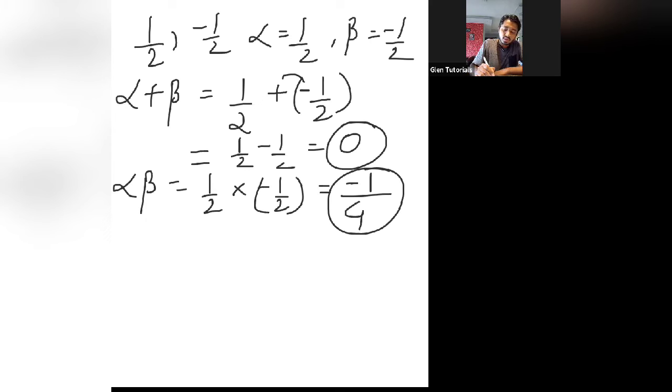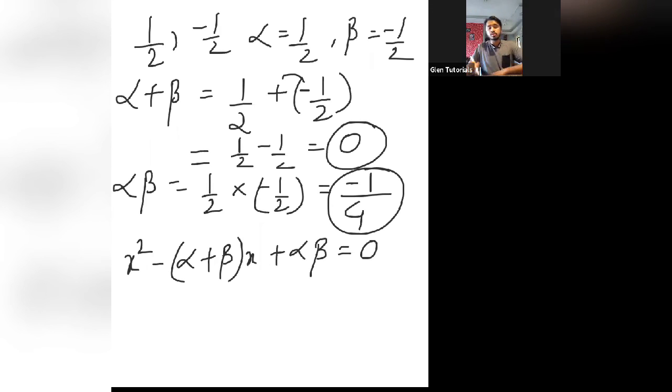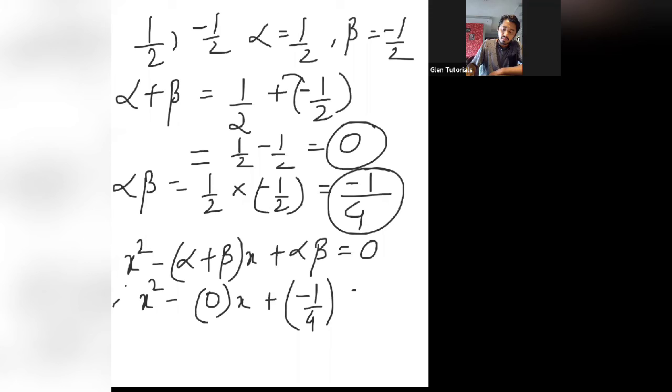Substitute in our equation. What is the equation? X square minus alpha plus beta into x plus alpha beta equal to 0. This equal to 0 we have to write every time. Don't forget, because it is a quadratic equation. Equal to 0 is a must in every quadratic equation. So therefore, x square minus, what is alpha plus beta? 0 into x plus, what is alpha beta? Minus 1 upon 4, we put it in brackets, is equal to 0.